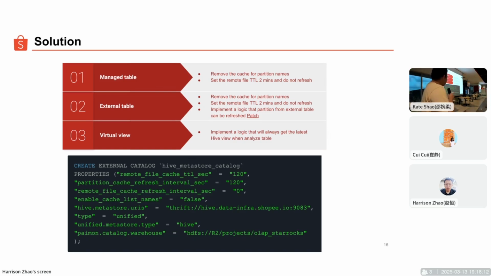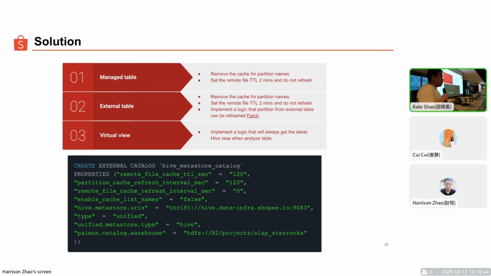The next part is the external table. For most cases, the external table is the same as the managed table, but there is still one special case for the external table. As we all know, users can set the partition file path for the external table, and as I mentioned before, the partition cache will never be refreshed.